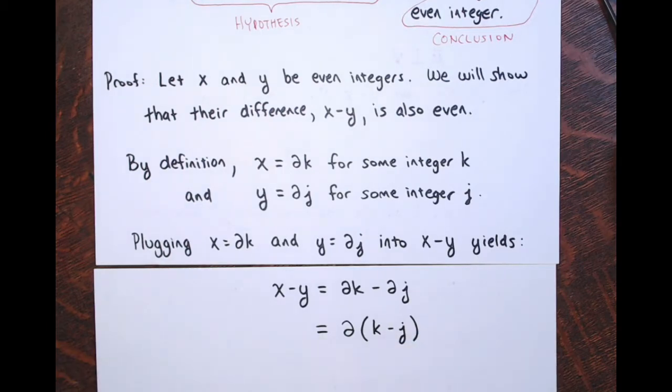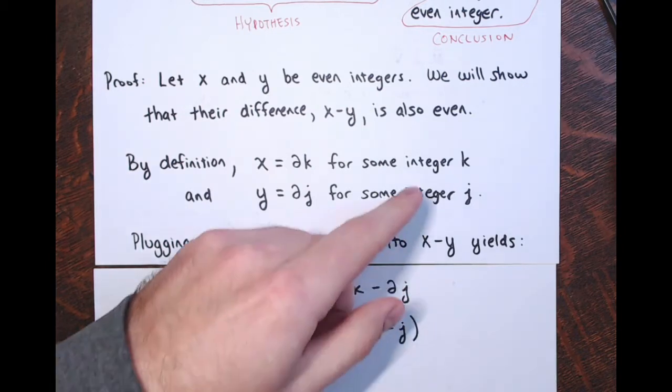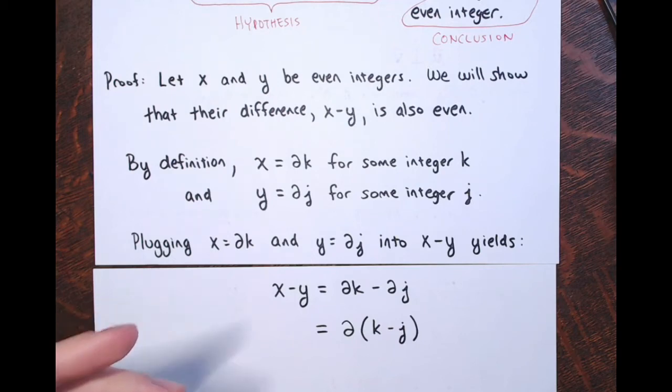All right, and then we have to figure out, is this k minus j also an integer? And yes, we have stated earlier that k is an integer and j is an integer, and by our assumptions from the previous section, the certain assumptions you can make without proving, remember, the integers are closed under subtraction, meaning when I subtract two integers, I get another integer.